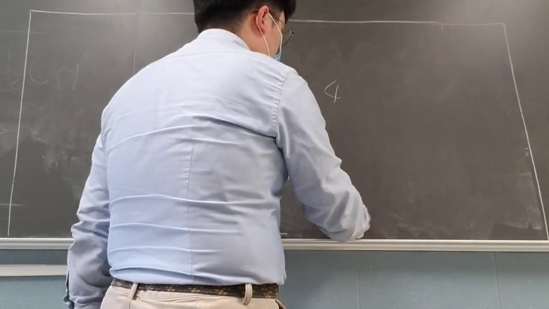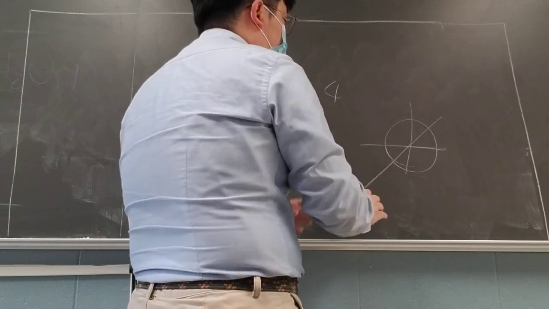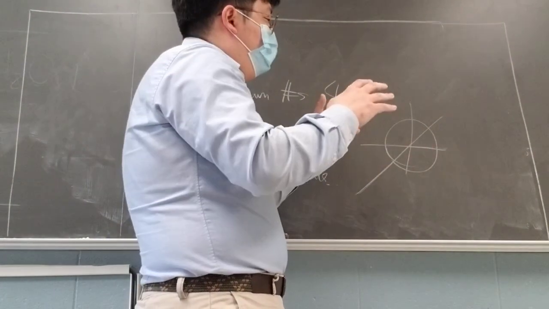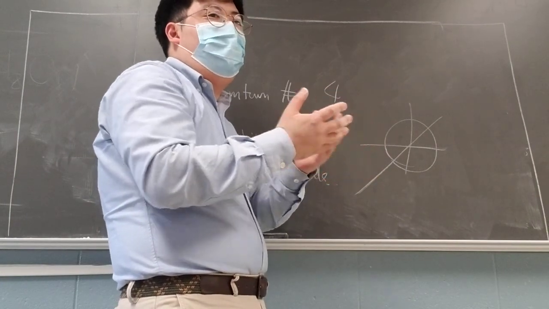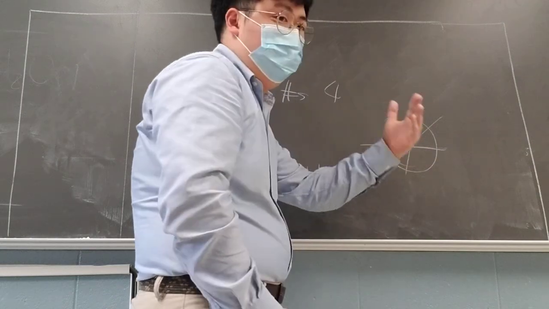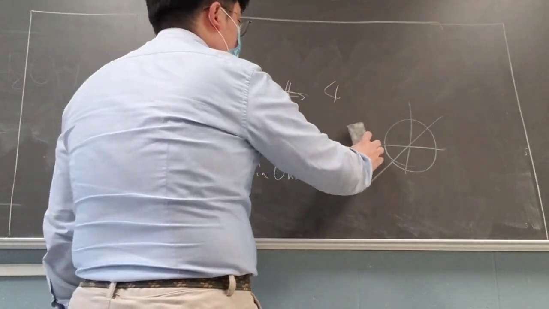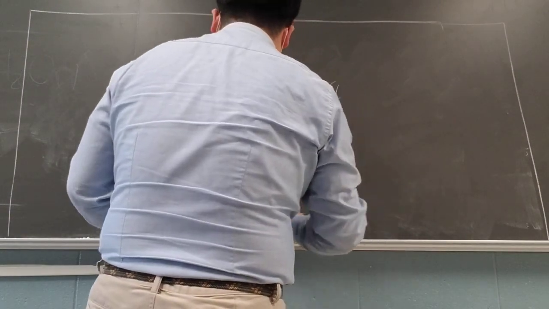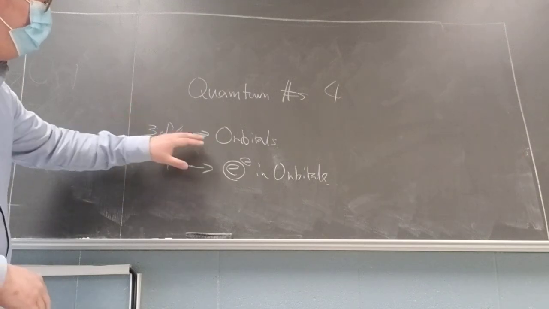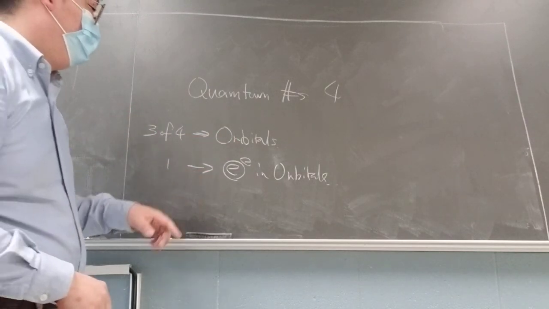So this orbital around the coordinate here does not materially exist, it's just mathematically constructed by humans, who think there might be some region where we can possibly find the electron with high chance. That is an orbital. We're going to talk about orbitals soon. But there are three quantum numbers for orbitals, and we're going to indicate the last one for the electron later.